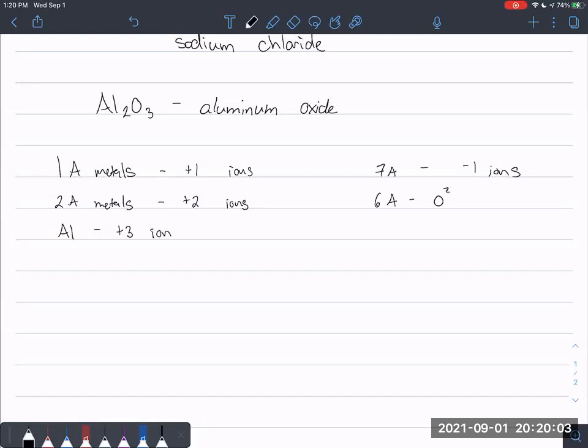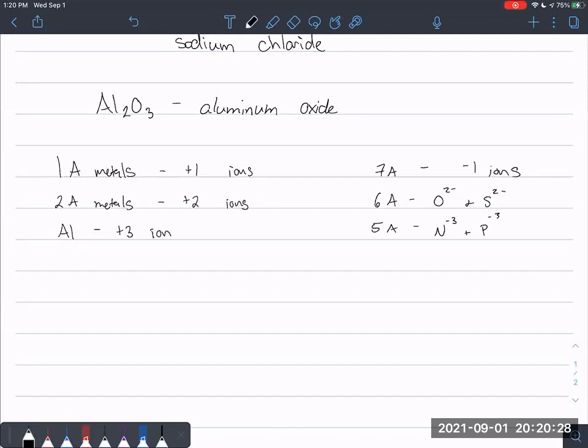So O2- and S2-, they form -2 ions. Generally, again, these aren't hard and fast rules. It's not always going to be this way, but for the most part, it tends to be that way. And then 5A, right, we get nitrogen -3 and phosphorus -3. They tend to form -3 ions.